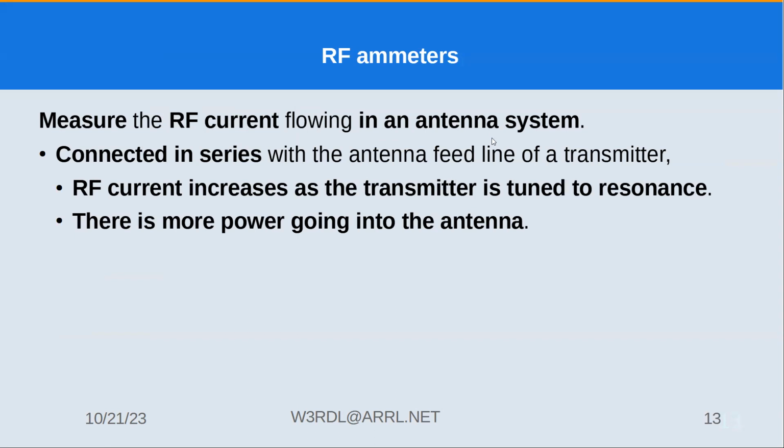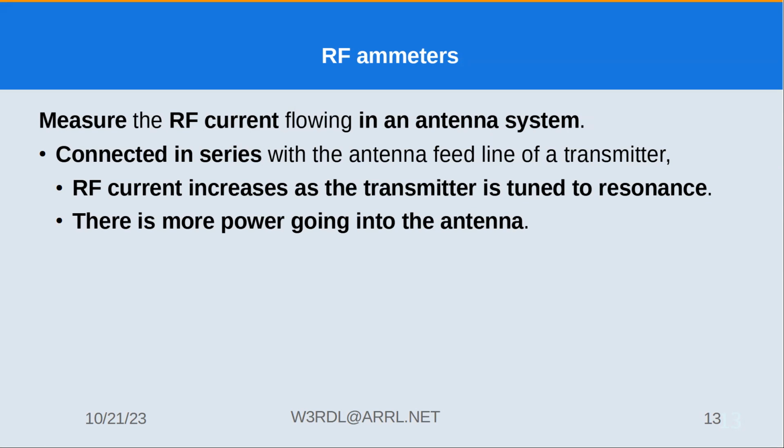Okay, an RF ammeter can measure actual RF current that's flowing into the antenna. So I guess in theory, as you tune the transmitter to resonance or your power amplifier, the more current, the more power is going to go into the antenna.